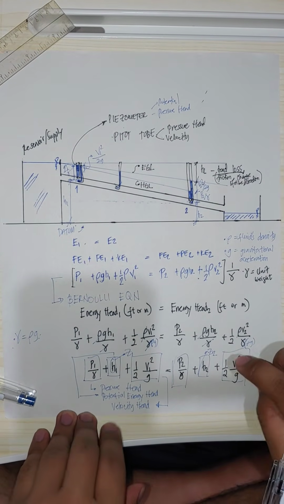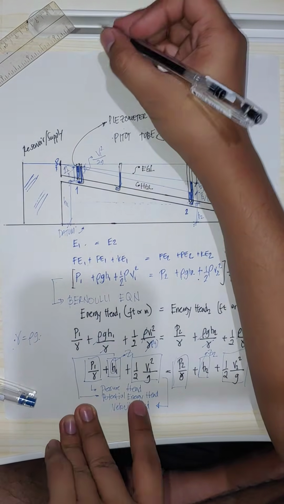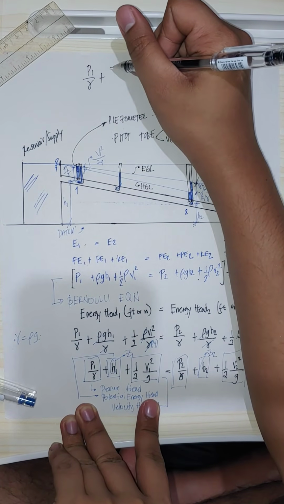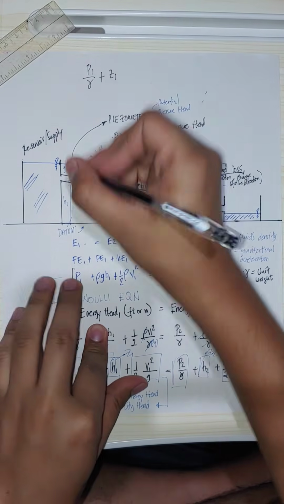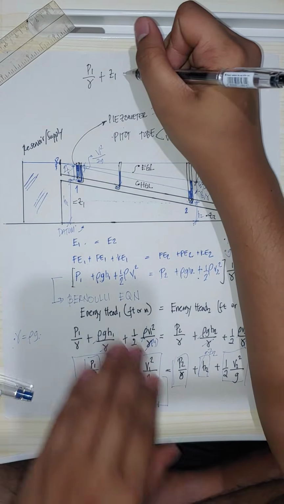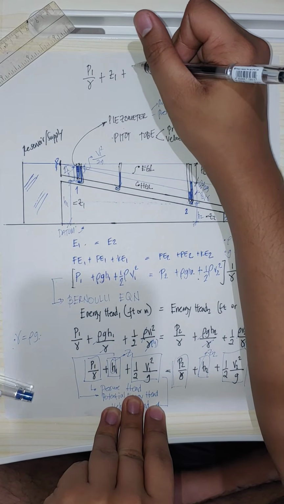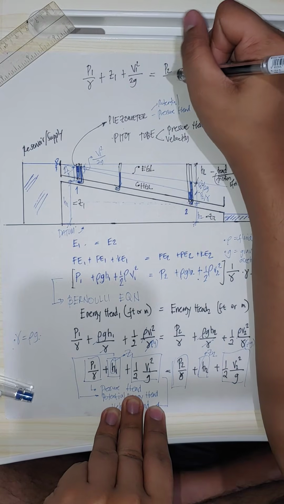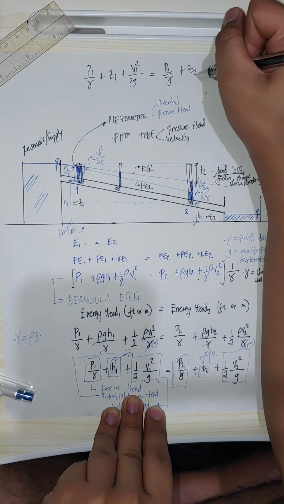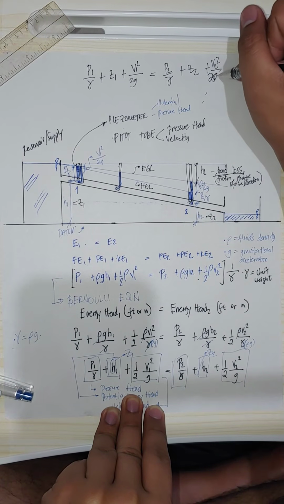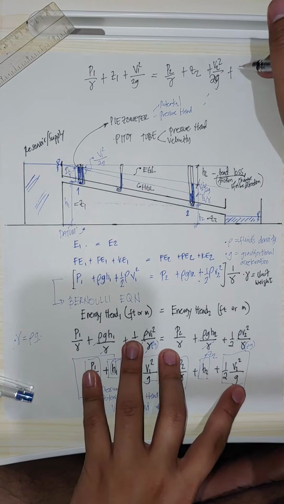So our new Bernoulli equation is P1 over gamma plus Z1, which is this one, and this is Z2, plus V1 squared over 2G, equal to P2 over gamma plus Z2 plus V sub 2 squared over 2G plus the head loss.